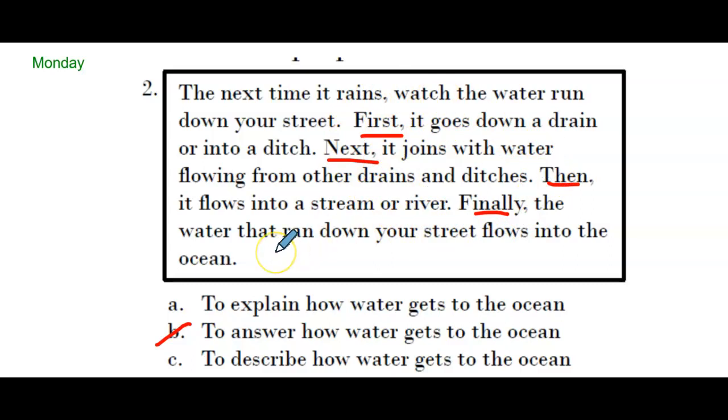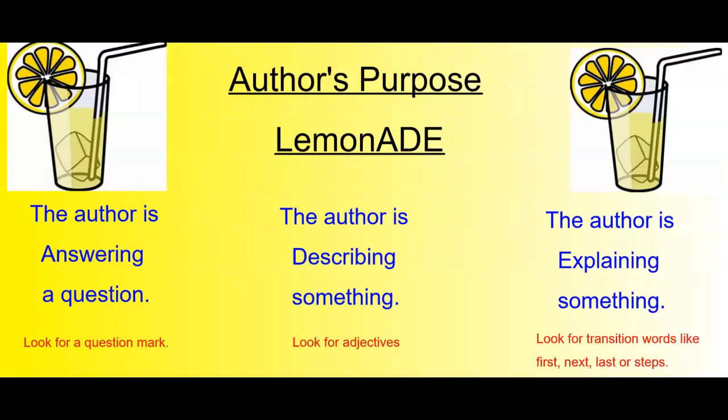That's right, they're explaining. So slash C, and your best answer choice should have been A. Was that your answer? Great job, boys and girls. If not, you'll have more practice later on and tomorrow.